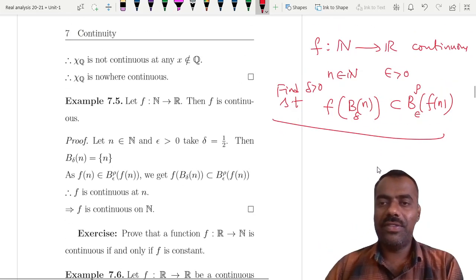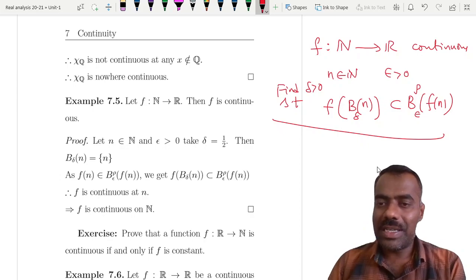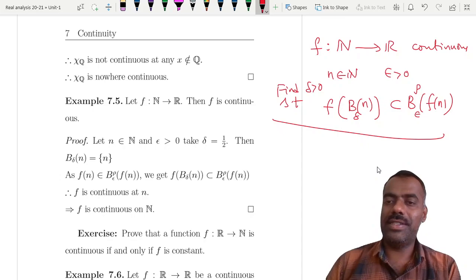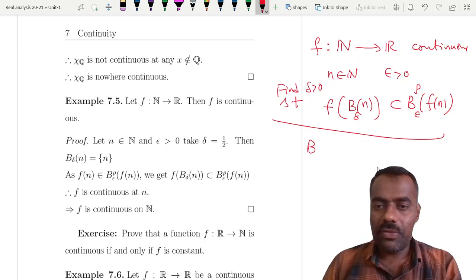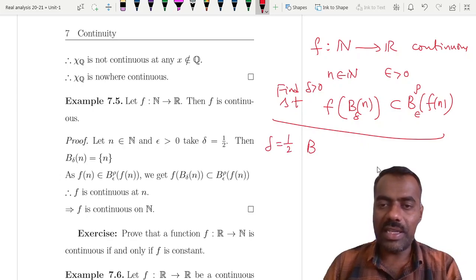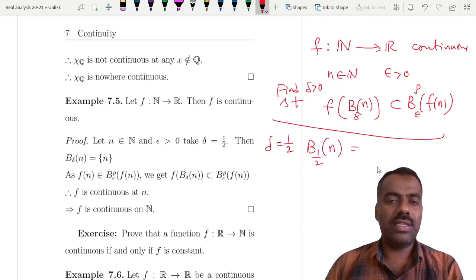But it is very tricky, or simple. Can you find some delta in such a way that this ball B of n is such that f of this is always here? And that is true if we take delta equal to half, or anything less than 1, for example. Then what is this ball around n of radius half?